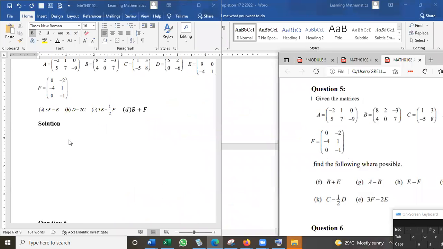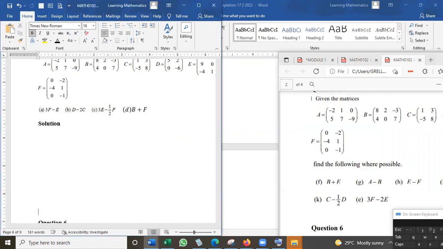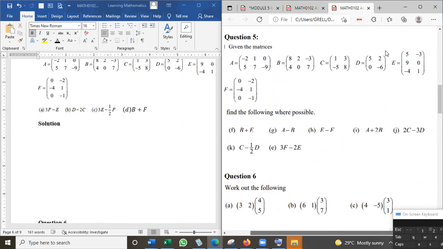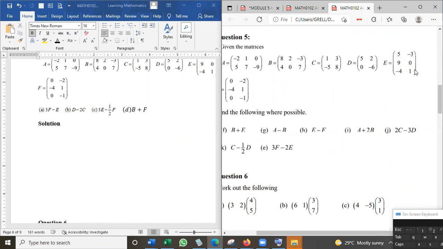So let's take a look at B plus E in the assignment. Okay, B plus E. B is a 2 by 3. E is a 3 by 2. Can you add B plus E? Anybody, can you add B plus E?